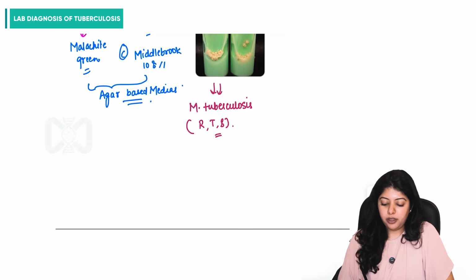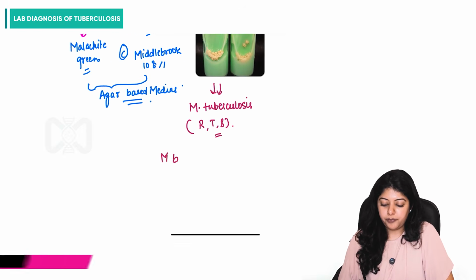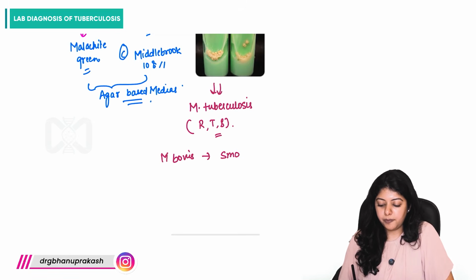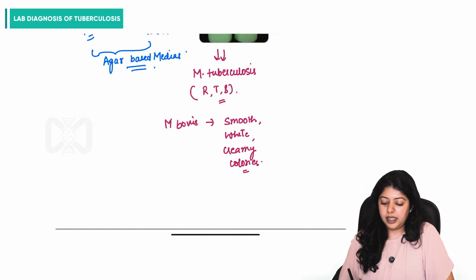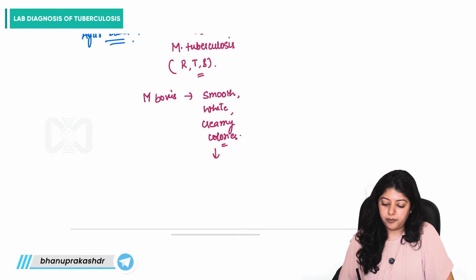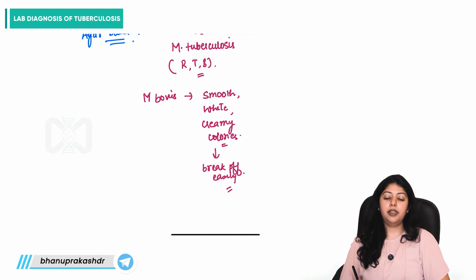And Mycobacterium bovis has smooth, white and creamy colonies, and they easily break off. Right?